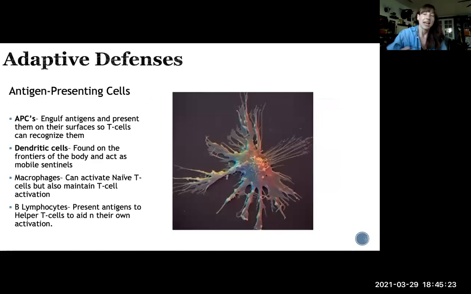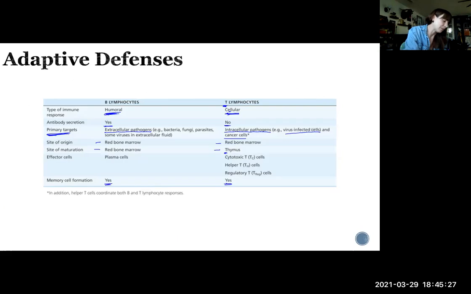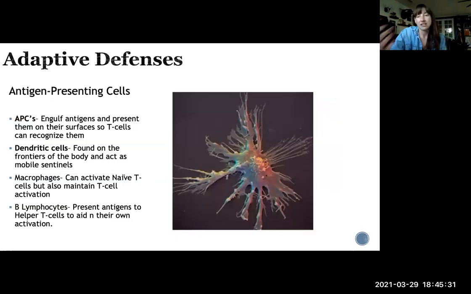Okay, APCs, a little bit more detail, okay? We talked about the differences between B and T lymphocytes. Let's talk about APCs. So this gorgeous thing right here is a dendritic cell, okay? Dendritic cells are a type of APC, okay?